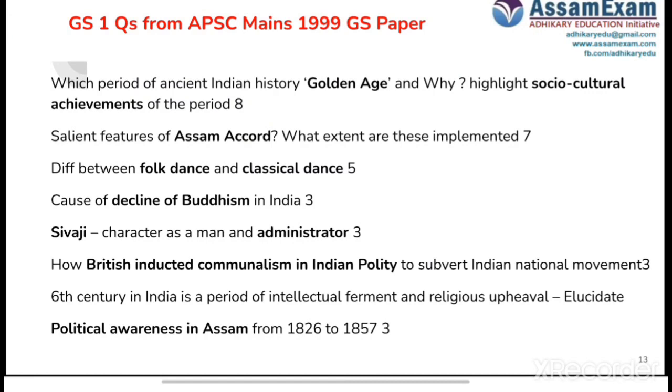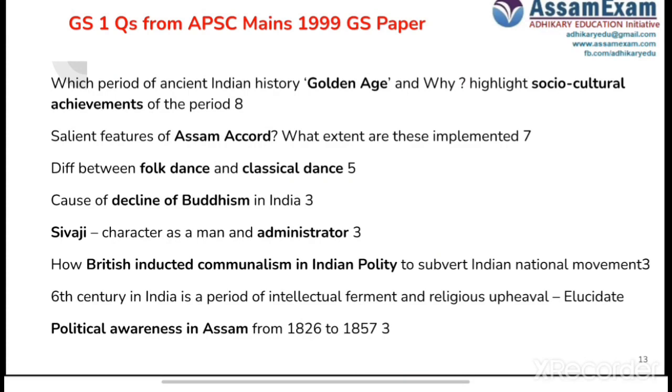How British inducted communalism in Indian polity to subvert the Indian national movement. It is accepted that the British followed the policy of divide and rule, and as per that they inducted the idea of communalism in Indian polity, so that people from different communities would not come together for one agenda, and due to that the national movement would be hampered.